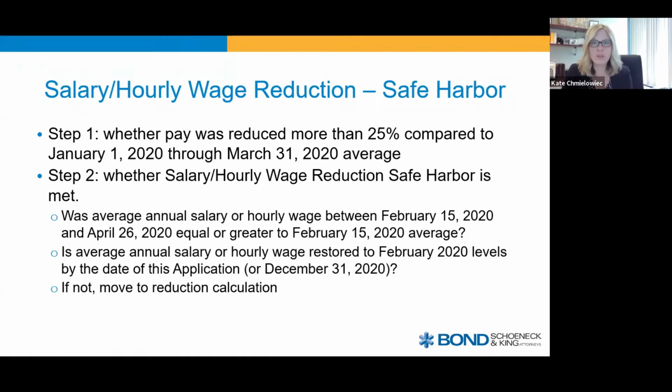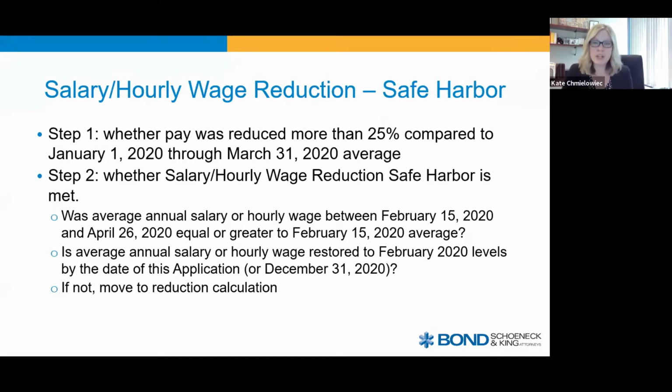Here we're using a salary calculation, and we're going to go through that in the next slide. But here we're using employee A, who was making $80,000 during this January 1 to March 31 time period.